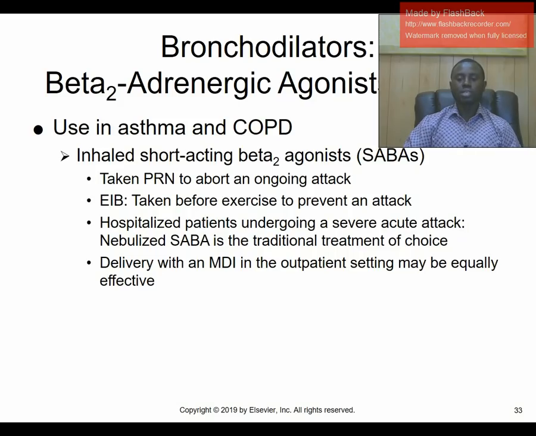Hospitalized patients who are undergoing a severe acute attack also use the nebulized form of short-acting beta-2 adrenergic medications because that is the traditional treatment of choice. Delivery with a metered dose inhalation device in the outpatient setting may also be equally effective.